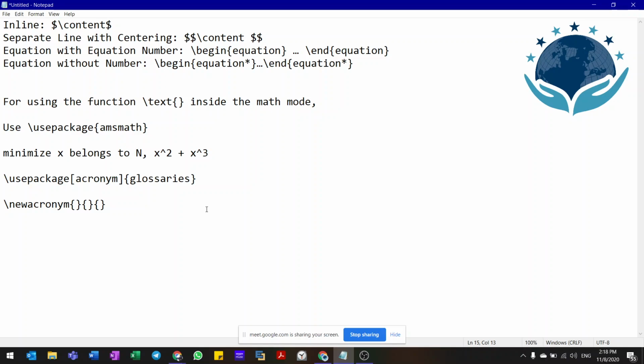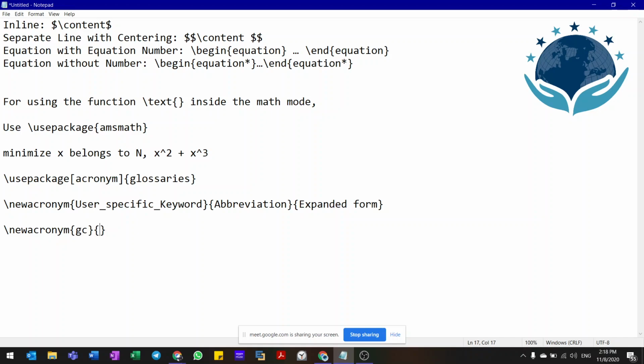The first is going to be the user specific keyword, and the second is the actual abbreviation you need, and then the expanded form.